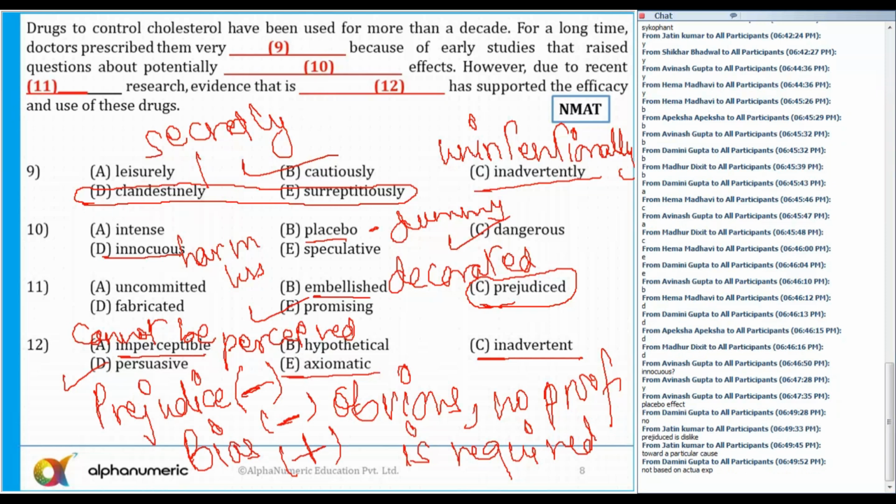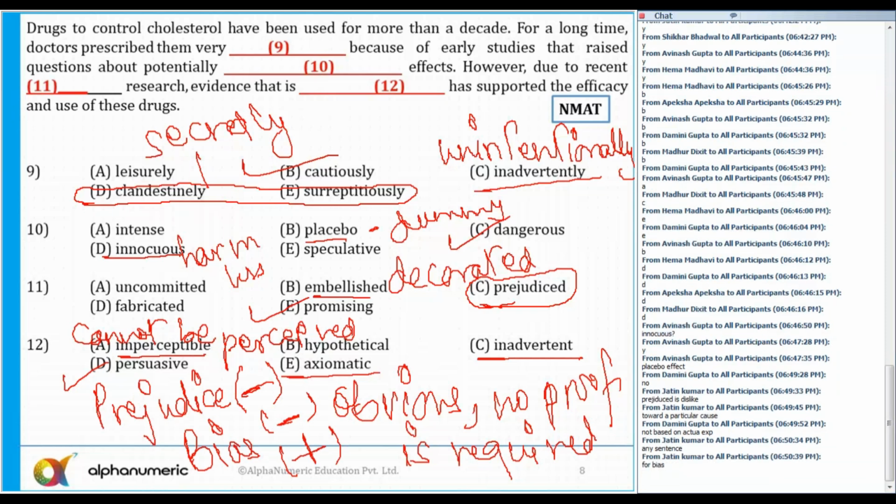So bias can be both positive and negative. You are biased against somebody or something, or you are biased towards somebody or something. The only thing is that you prefer something, or you don't prefer something. If you're biased towards somebody or something, that means you prefer that person or that thing.